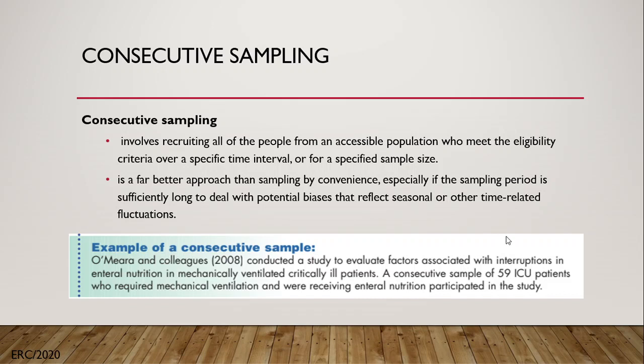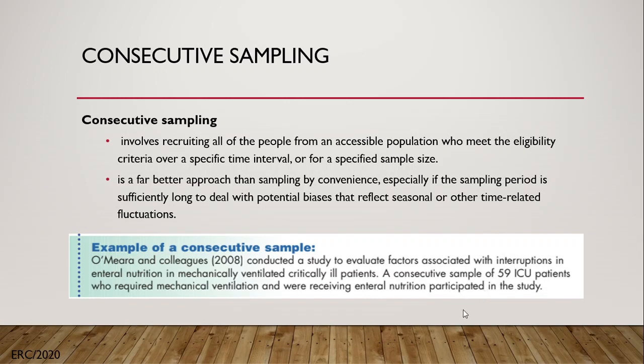For example, in a study of ventilator-associated pneumonia, or VAP, in ICU patients, if the accessible population were patients in the ICU of a specific hospital, a consecutive sample might consist of all eligible patients who were admitted to the ICU over a 6-month period. So you have a set time interval or duration only. Okay? Or it might be the first 250 eligible patients admitted to the ICU.